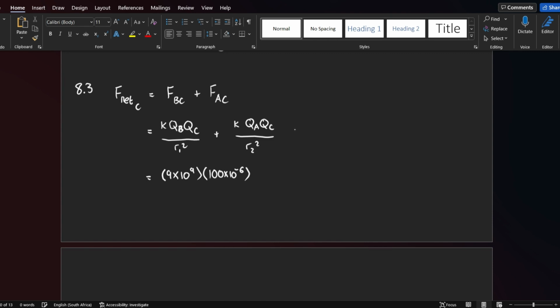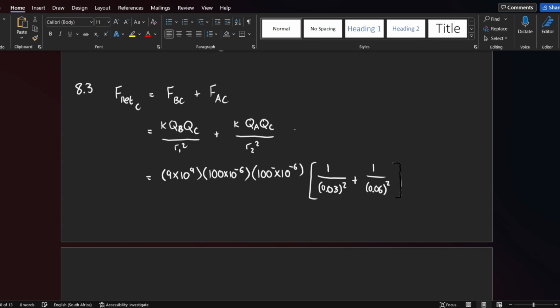So we have Q A and Q B, they are the same, 100 microcoulombs, so times 10 to the negative 6, and we have that all going into 1 over r1 squared, which is 3 centimeters, so 0.03 squared plus 1 all over 0.06 squared, because charge A is 6 centimeters away.